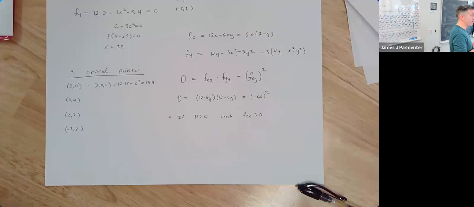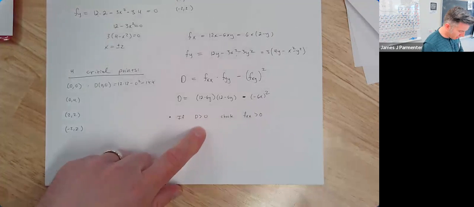Second derivative is negative, you have a maximum, because the second derivative is talking about the concavity. If your second derivative is positive, you're concave up. If you're concave up, that means your critical point is at the bottom of that parabola. Like I always think of a parabola, you're at the bottom. So if your second derivative is positive, you have a minimum. Second derivative is negative, concave down, maximum.